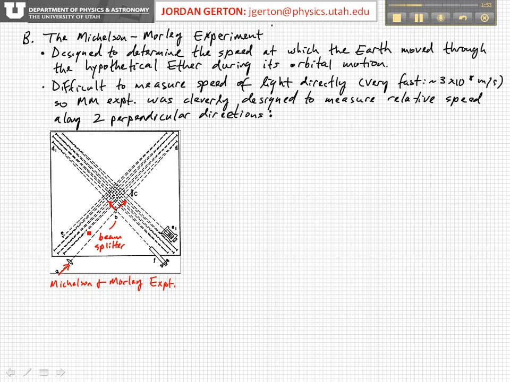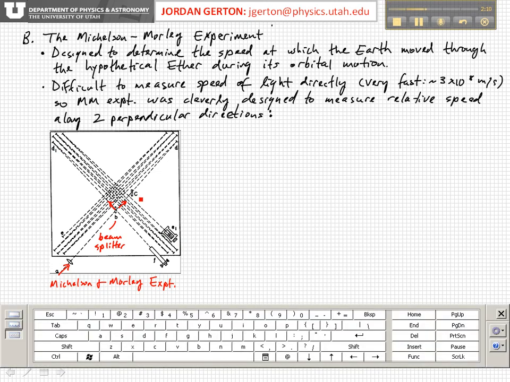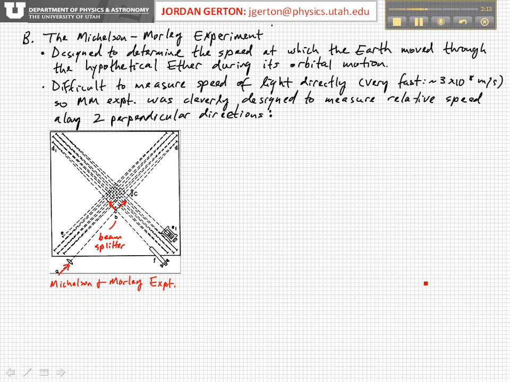And then in these different directions, light will bounce back and forth, for example, between mirrors E and D in this direction many times, and then between D1 and E1 in this direction many times. And what's not really shown is that the beams get recombined on the beam splitter again, B, and then both beams will travel this direction and be detected by this telescope over here.